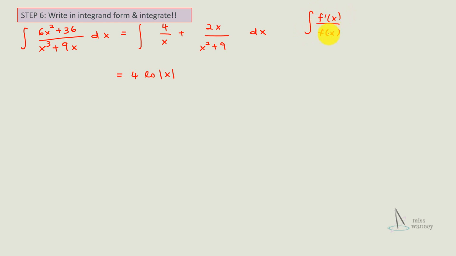If we integrate f prime over f(x) dx, this is directly equal to ln of f(x) plus c. So x squared plus 9 is our f(x). I differentiate f(x), I'm going to get 2x straight away. So this one can also equal to ln of x squared plus 9, and then plus c. So that is our final answer.